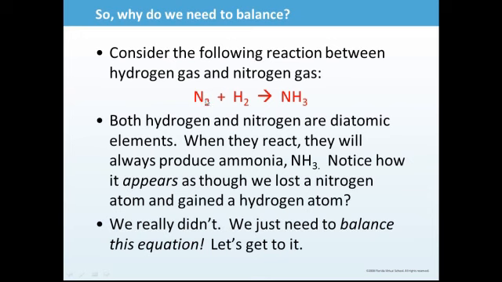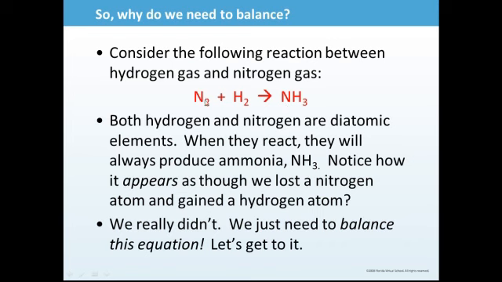So we have 2 nitrogen atoms reacting with 2 hydrogen atoms, and ammonia is NH3. When those 2 elements bond together, they form this formula: 1 nitrogen, 3 hydrogens. A lot of that has to do with the valence electrons, if you remember that from Module 2. There's only so much space in the orbitals to form the bonds.